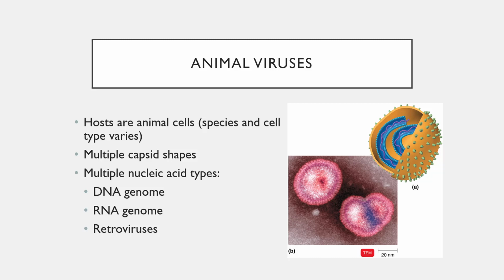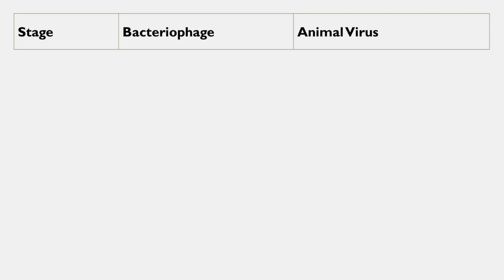Before we start talking about the different subcategories of animal viruses, we are going to take a look at a broad overview comparison of the differences between bacteriophages that we just talked about and animal viruses in terms of the stages of their replicative life cycle.